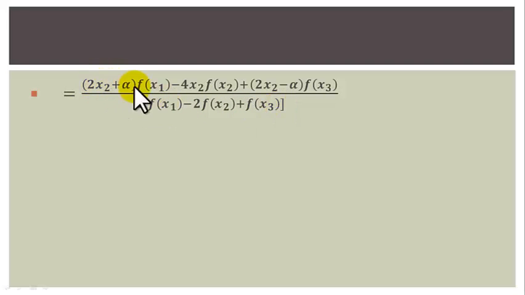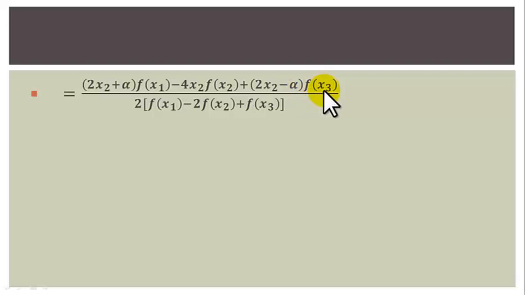Now, if we open this bracket, this will give us 2x2 times f of x1 plus alpha f of x1. Here will be minus 4x2 times f of x2. And if you open this bracket, this will give us 2x2 times f of x3, then minus alpha times f of x3.